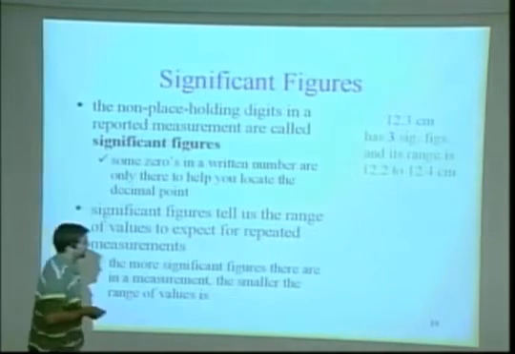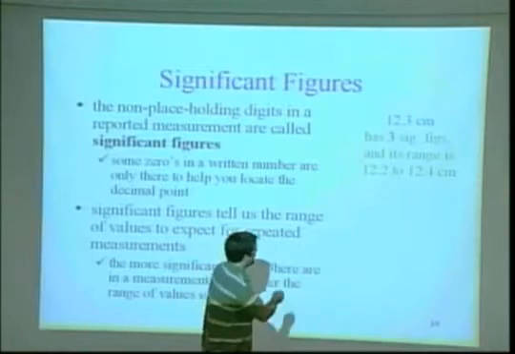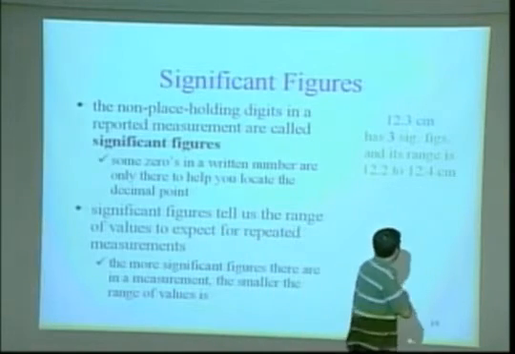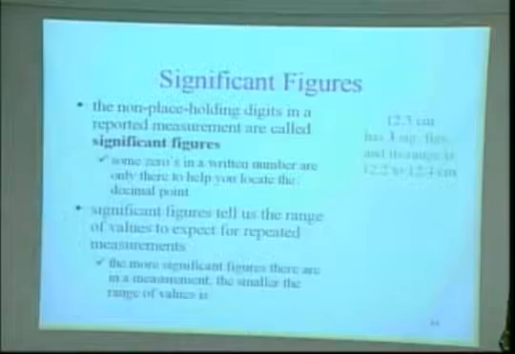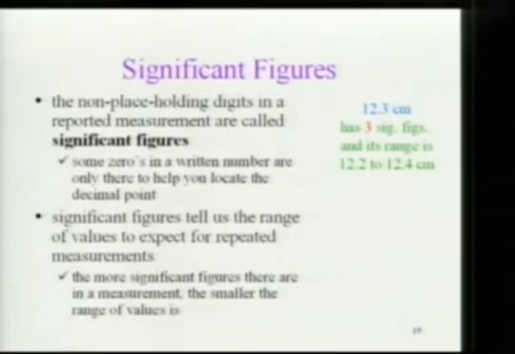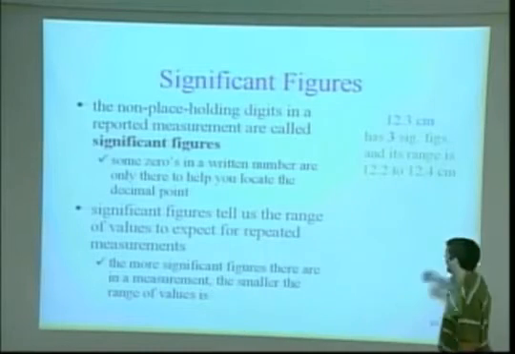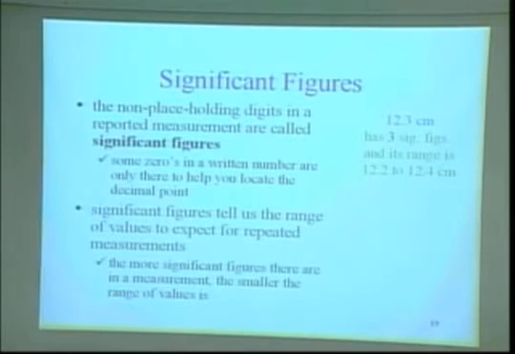Let's take a look at this measurement, 12.3 centimeters. How many of those digits that you see are significant in terms of expressing how certain that is? Well, don't think too hard about it. All of them are important. You have to have all those numbers to make up this number. Think about it in terms of the range: what numbers contribute to defining the boundaries of this window? All of these do, right? It has 3 sig figs. We know that its range is from 12.2 to 12.4, somewhere in there.